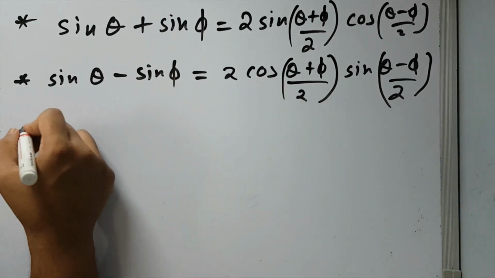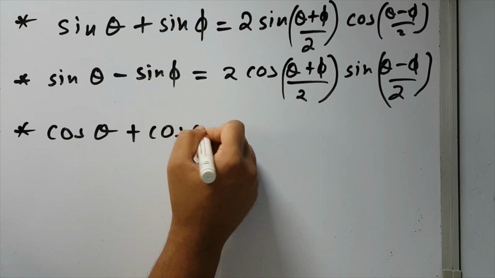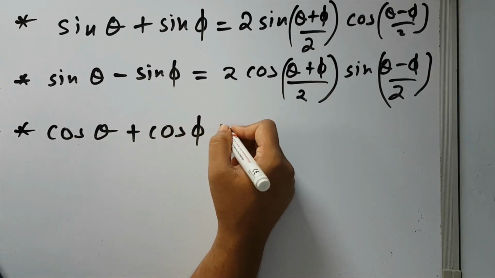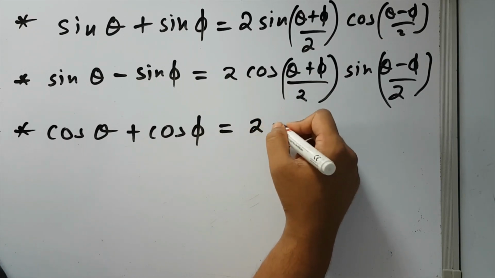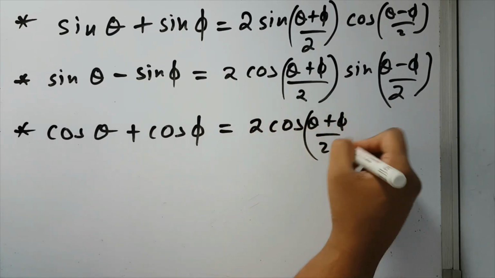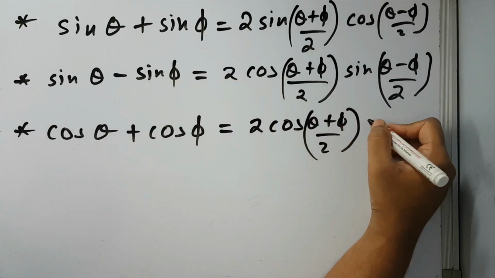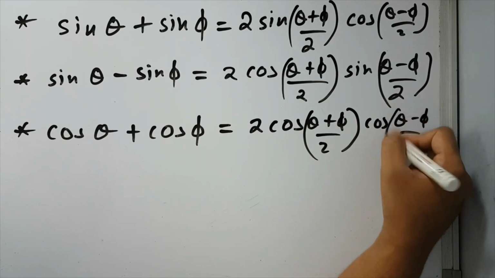Right, next is cos theta plus cos phi. This is 2 cos of (theta plus phi) by 2 into cos of (theta minus phi) by 2.